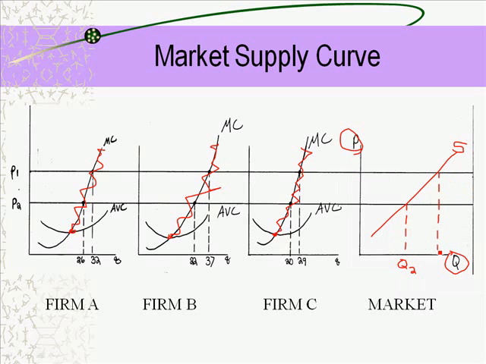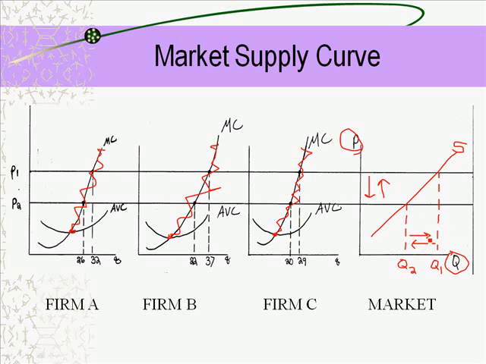So we're using similar concepts to what we learned with demand in labeling these quantities. And if we move from P1 to P2, what we're going to see is that the quantity supplied is going to decrease.